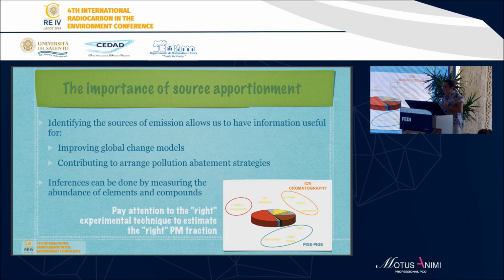So it's clear that if we would like to understand the role of such carbonaceous particles for health and also for global change, we have to identify the emission sources. Only if we identify the emission sources can we improve the global change models, and also contribute to arranging pollution abatement strategies.